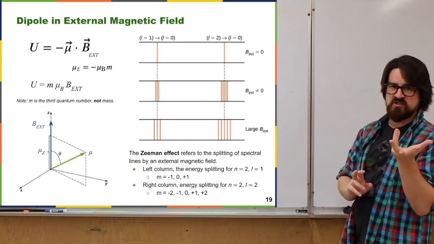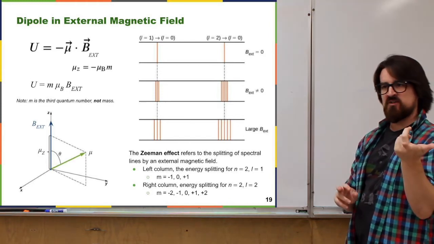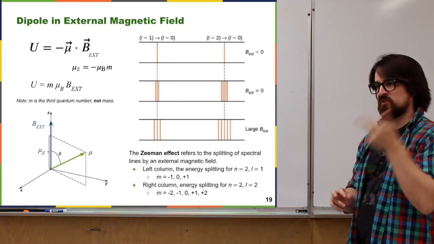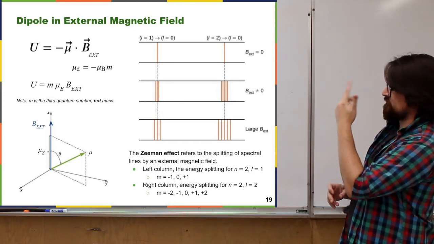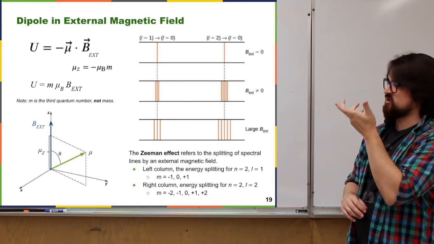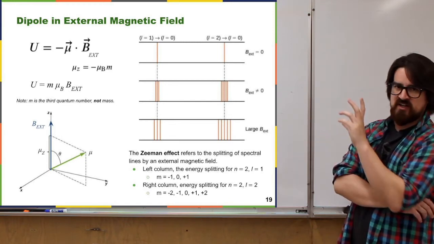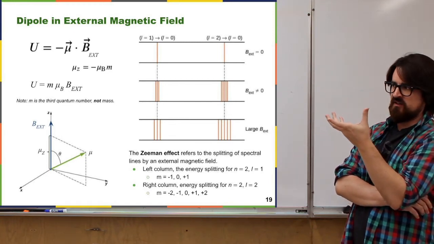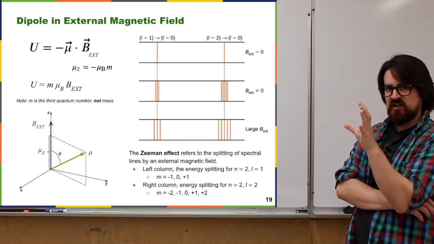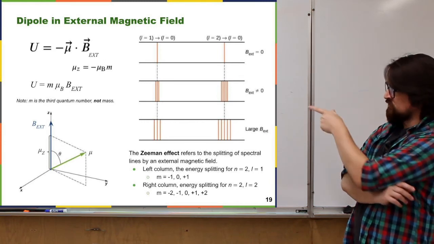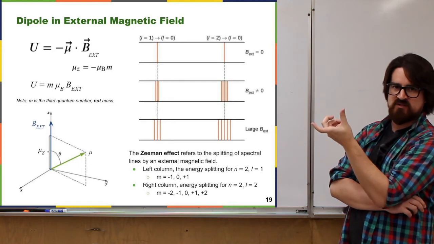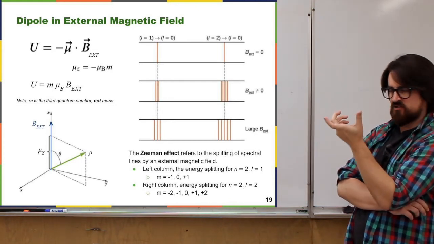For instance, when L is equal to 1, remember m can be -1, 0, +1. That means that for this atom, in this external magnetic field, there are now 3 extra possible energy states due to the magnetic field interacting with the magnetic dipole moment of the electron.